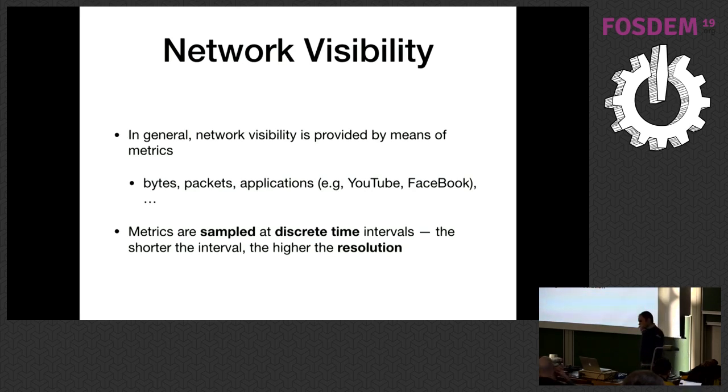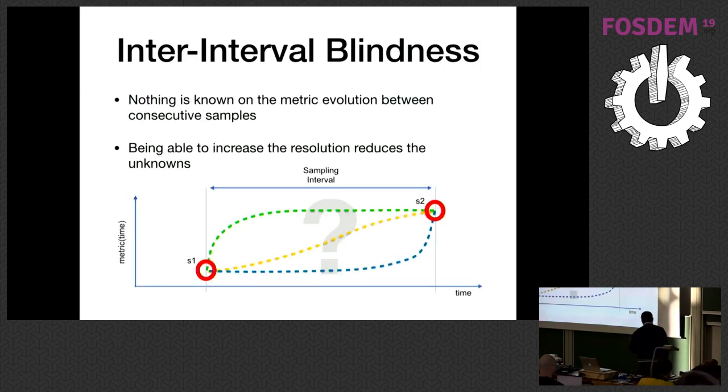At fixed intervals of time, we pick the value of the metric. So there is an amount of time, equal to the sampling interval, that is completely unknown.